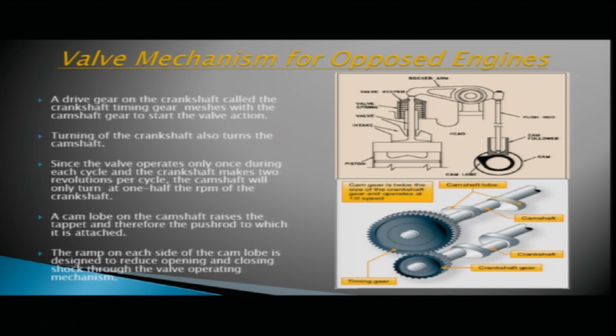A cam lobe on the camshaft raises the tappet and therefore the push rod to which it is attached. Here in the figure on the top you can see the camshaft and the cam lobe. The cam lobe on the camshaft will raise the tappet.